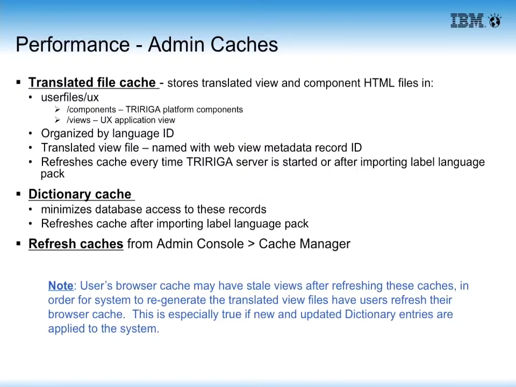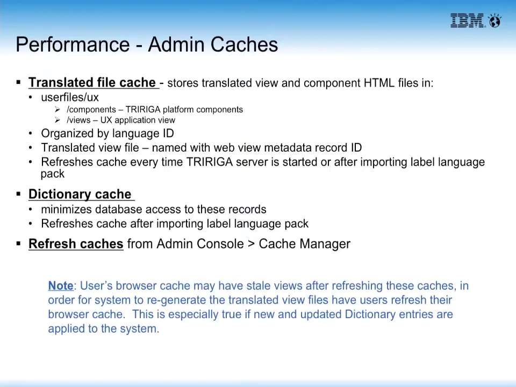So they are organized inside of those folders. They will be organized by language ID, the TRIRIGA language ID of those users. And you would see a naming convention. It's actually using the web view metadata record ID as a name for that translated file.